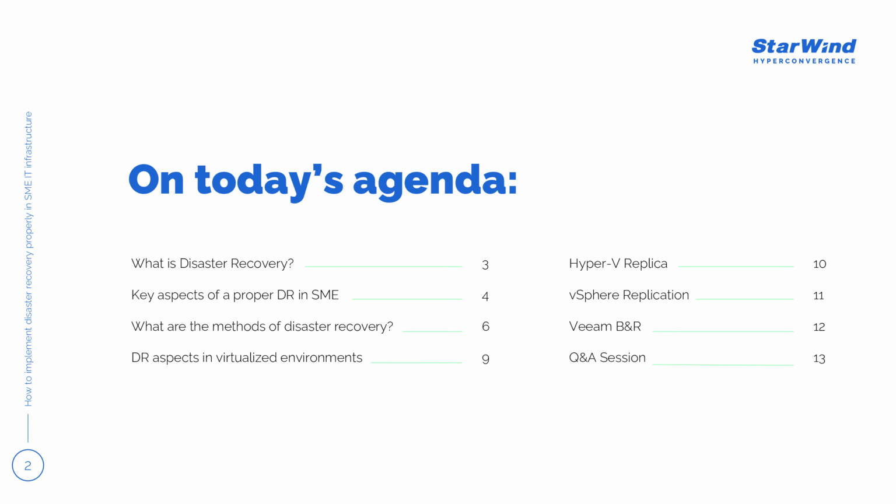We're also going to see what the methods or types of DR are. We're also going to focus mainly on virtualized environments and disaster recovery tools in them, such as Hyper-V Replica, vSphere Replication, and Veeam Backup and Replication.